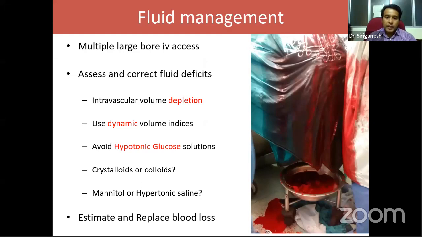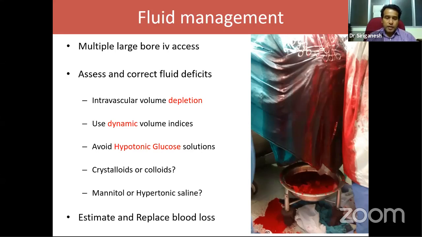Avoid hypotonic and glucose containing solutions. Hypotonic includes Ringer lactate or dextrose containing solutions. And dextrose can lead to hyperglycemia, which is independently associated with poor outcomes in neurological patients. Between crystalloids and colloids, the debate is largely settled. Colloids are no better than crystalloids. Crystalloids are preferable. Amongst the crystalloids, balanced salt solution is preferred. Mannitol and hypertonic saline, the debate will come to that later.